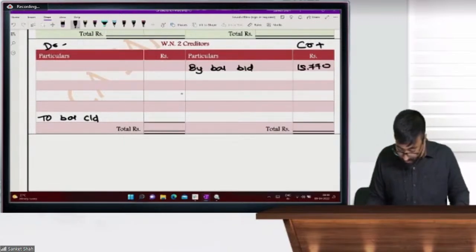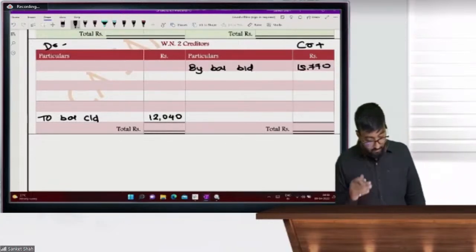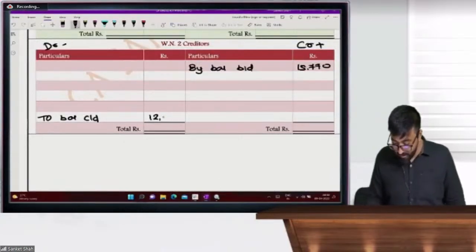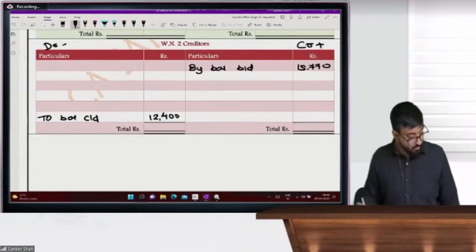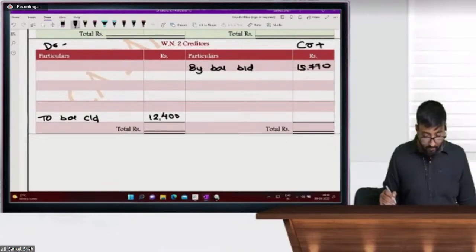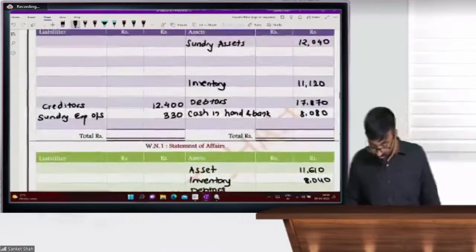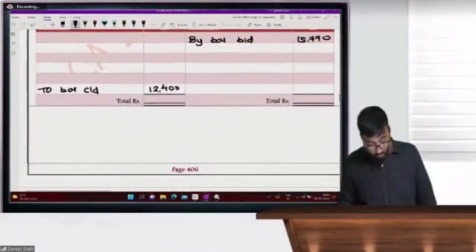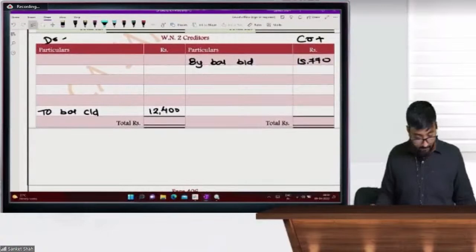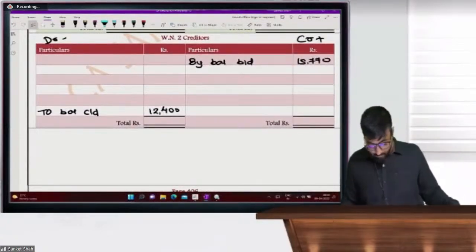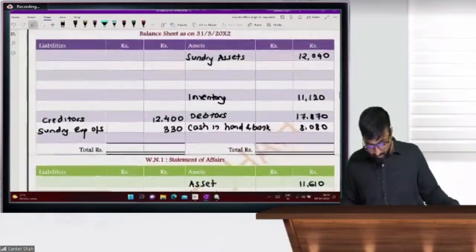To balance carried down 12,040. 12,400. बेटा आप नींद में हो क्या? थोड़ा कंसंट्रेशन लेवल बढ़ाइए आपका. 12,400. थोड़ा फोकस बढ़ाइए बेटा. हाँ, बराबर है. नहीं लिखा है मैंने, बराबर लिखा है.